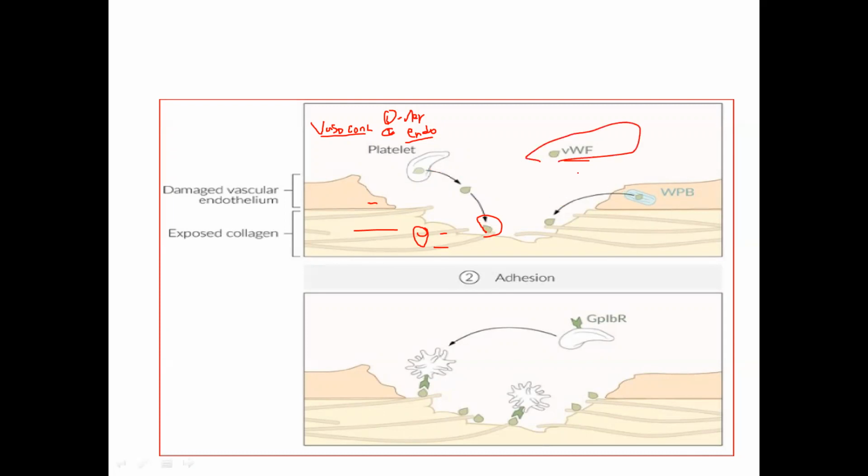This von Willebrand factor is found in the Weibel-Palade bodies of the endothelium, which store von Willebrand factor, and whenever there is endothelial injury, the von Willebrand factor comes out from the Weibel-Palade bodies as well as from the platelet, especially from the alpha granules.